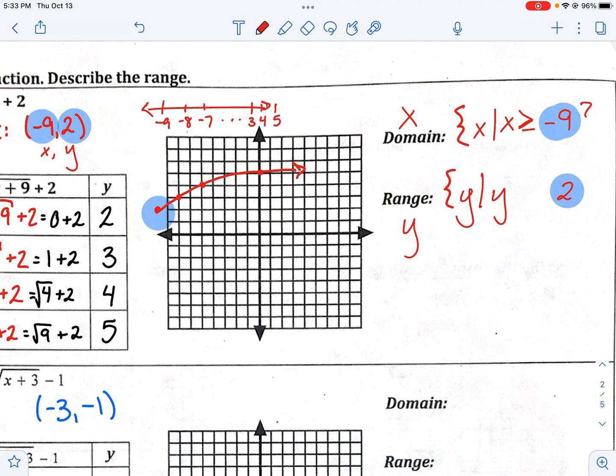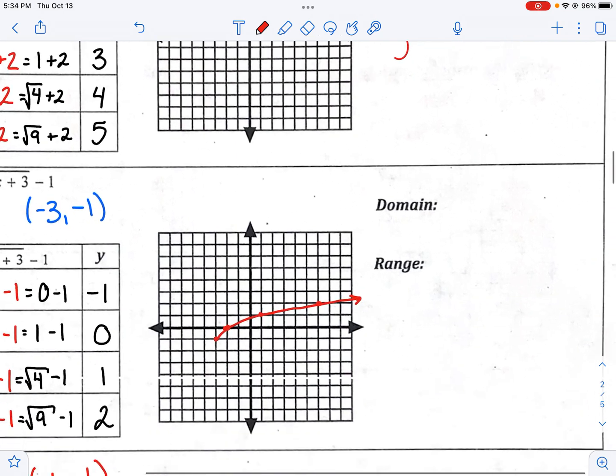And if I went up on the y-axis, that would get me numbers that are bigger than 2. So my x values, I started at -9 and I got bigger numbers. The y values, I started at 2 and I got bigger numbers.